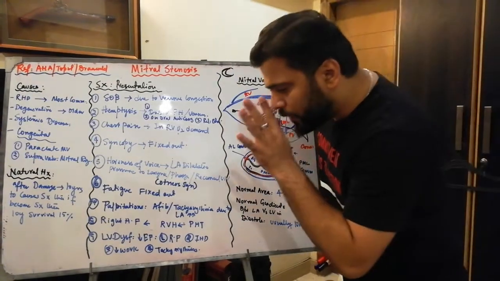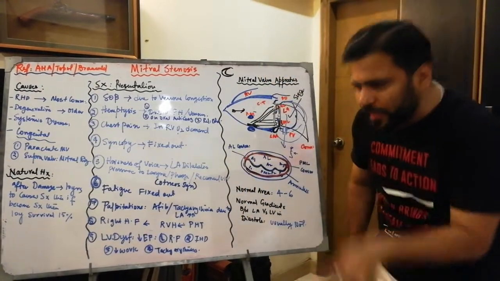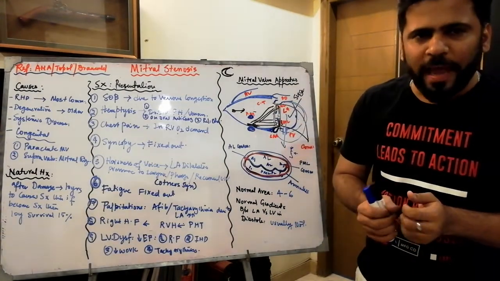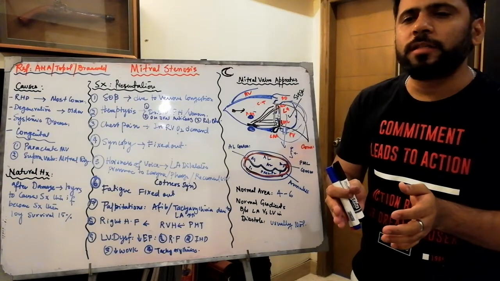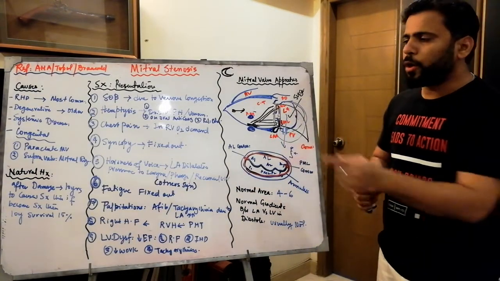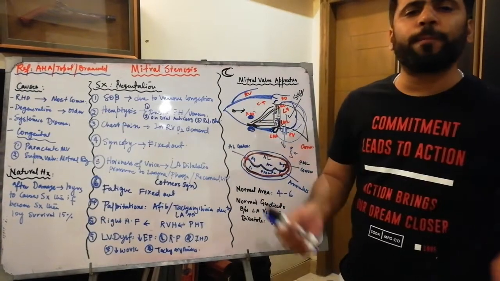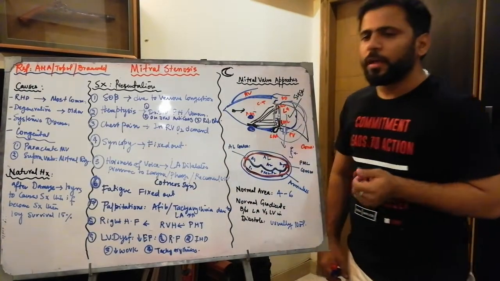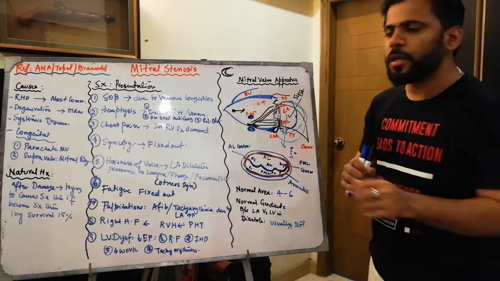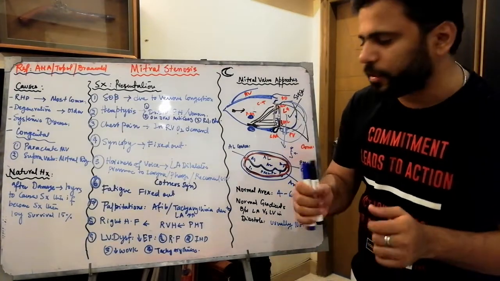Number three, because of the decreased work, the LV goes into atrophy. It decreases its function because the LA is not sending the appropriate blood volume towards the LV, so the LV sometimes diminishes its function and reduces the ejection fraction.